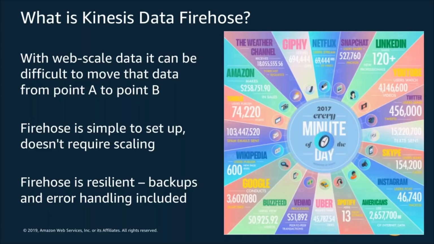So Firehose provides you a serverless, scalable, resilient streaming solution that can get your web scale data from point A to point B. It's simple to set up. It deals with errors. It deals with backoffs. It deals with the challenges that you have in moving your data.